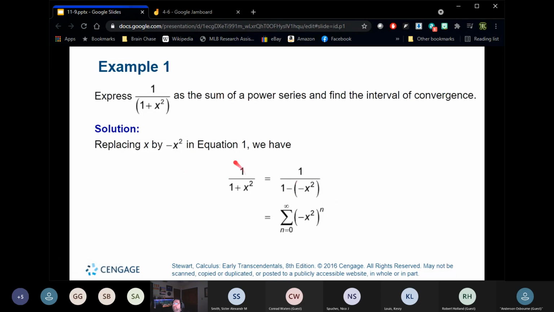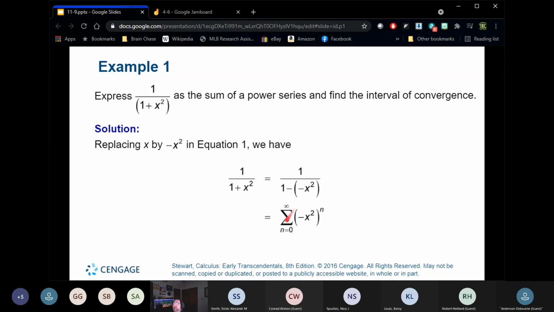Does everybody see how they went from 1 over 1 plus x squared to 1 over 1 minus negative x squared? That conversion was to get it to become the 1 over 1 minus x, to stay in that same format. And since it's in that format now, x is negative x squared.